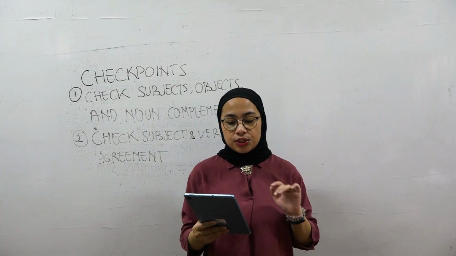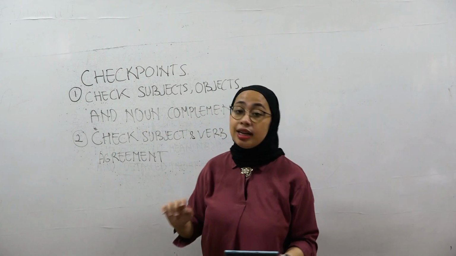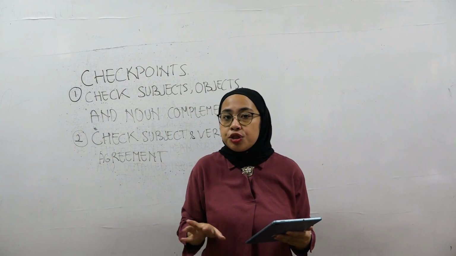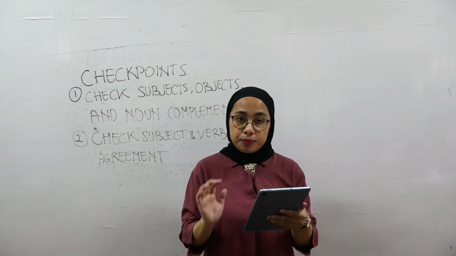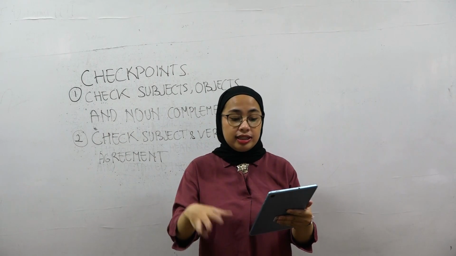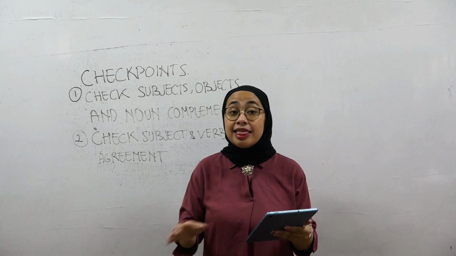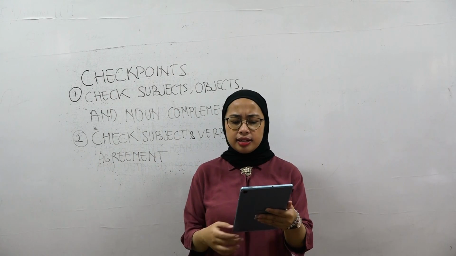All right, so after understanding subjects, objects, and noun complements, here you need to know what the TOEFL tasks you with. First, test takers usually use incorrect words or word order in these noun structures. And they usually repeat subjects, objects, and complements unnecessarily.